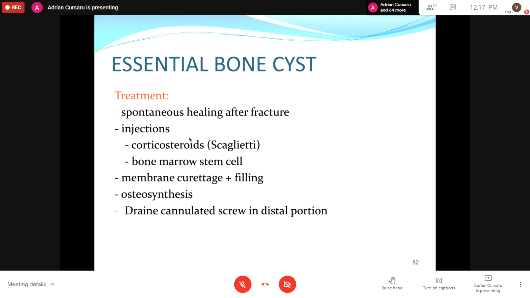The most frequent and gold standard treatment for this type of tumor is membrane curettage and filling with grafts, because you will have a big osteolysis, and to prevent fracture you will have to put grafts there, even if they are allografts or homografts.